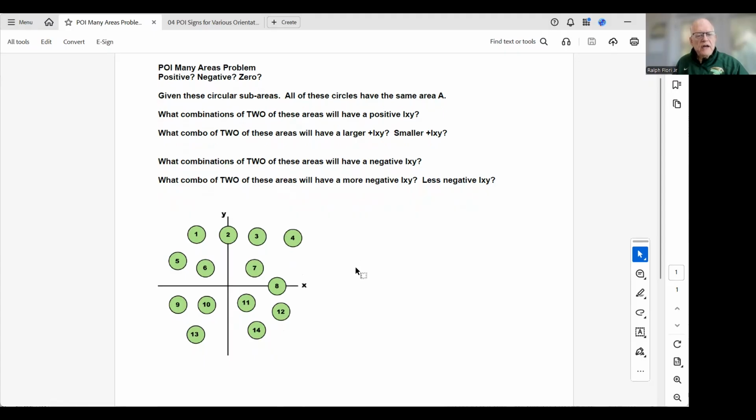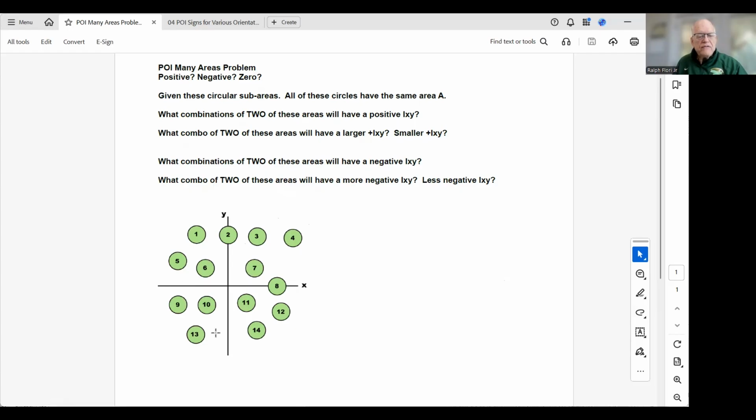Each area is going to have its own product of inertia relative to the X and Y axes. All of those terms will be the area itself times a dx times a dy. So in general, again, just considering the product of inertia of the individual areas, 3, 4, and 7 up here will all have positive IXYs.